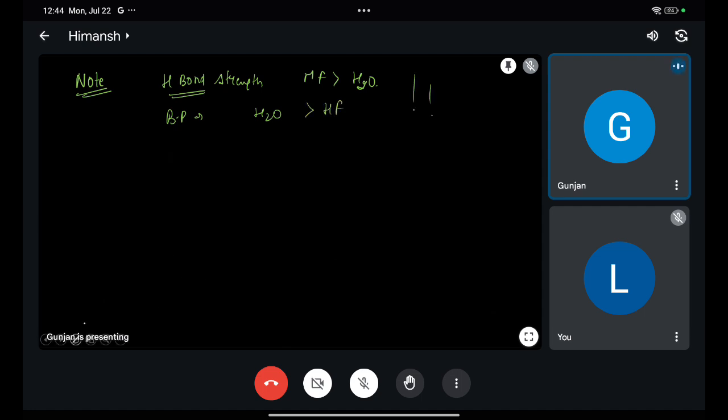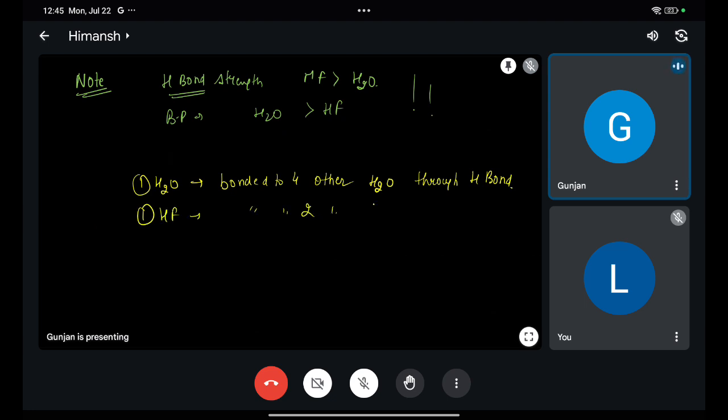The reason is that each H2O molecule is bonded to 4 other H2O molecules through hydrogen bonds, but one HF is bonded to only 2 other HF through hydrogen bonds. Okay.